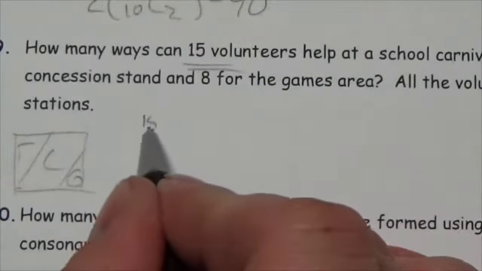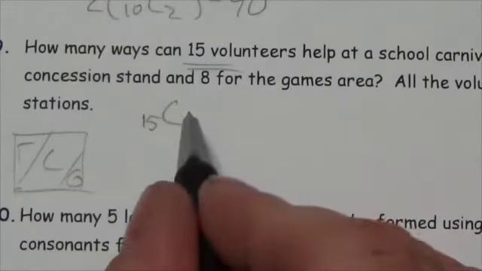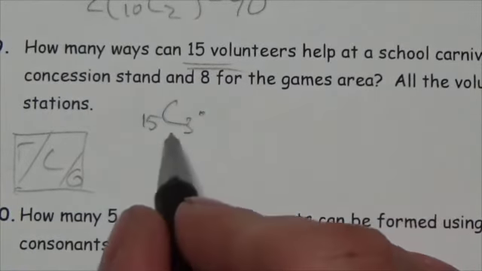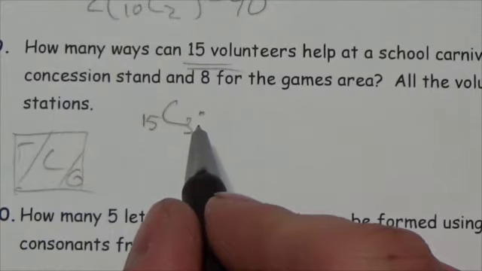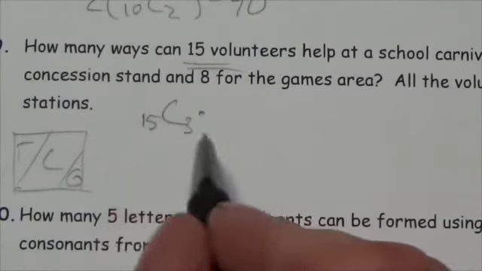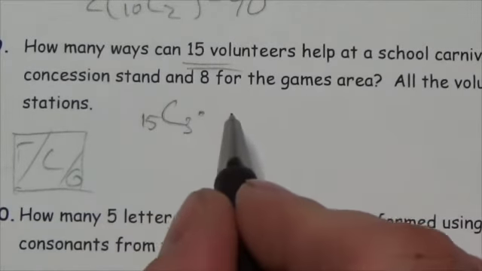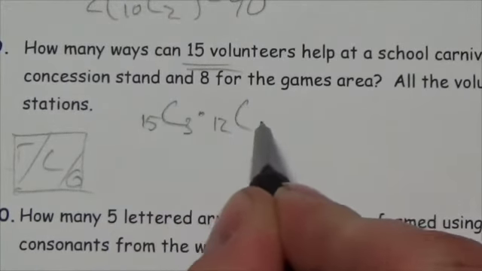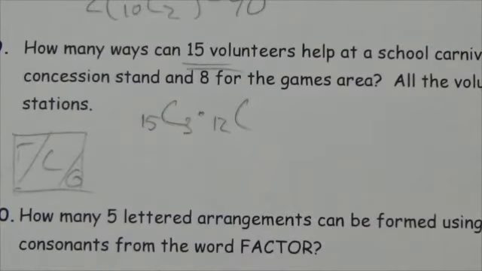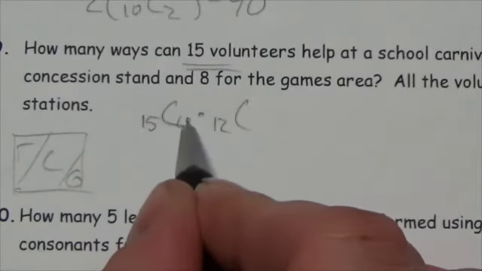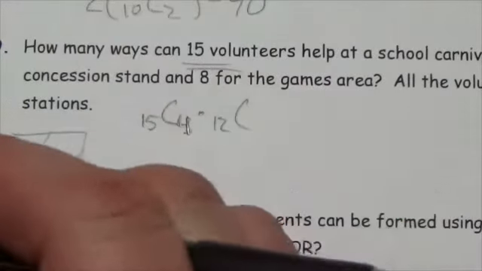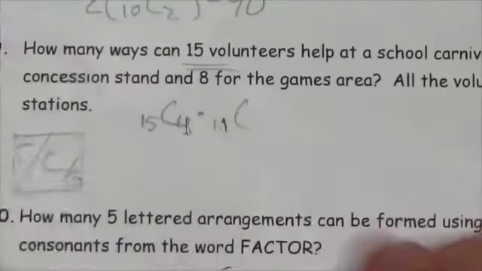I've got 15, and here's one way of doing it. I can choose 4 people to go to the ticket booth. And once I've chosen that, I still need to choose a group of people to help out at the concession. Once I've chosen the 4 from the 15, I am left with 11 people.